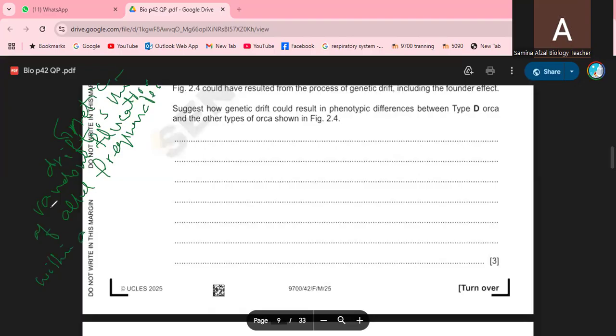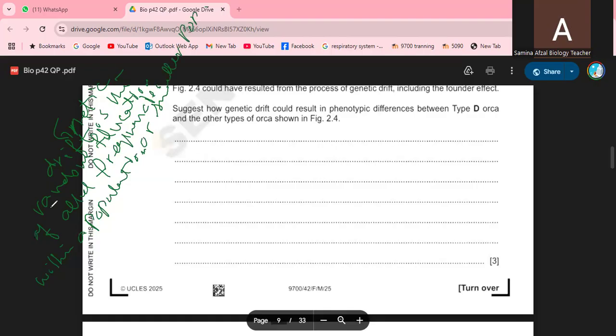So first of all, genetic drift is the random fluctuation of allele frequencies within a population, especially a smaller population.